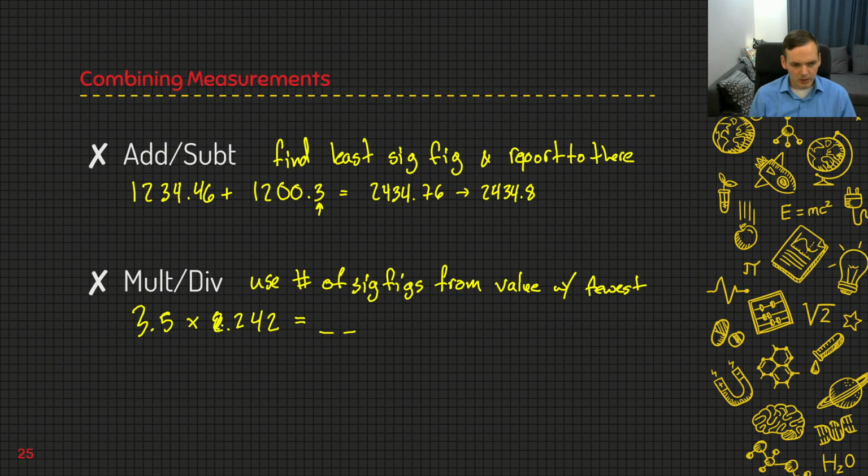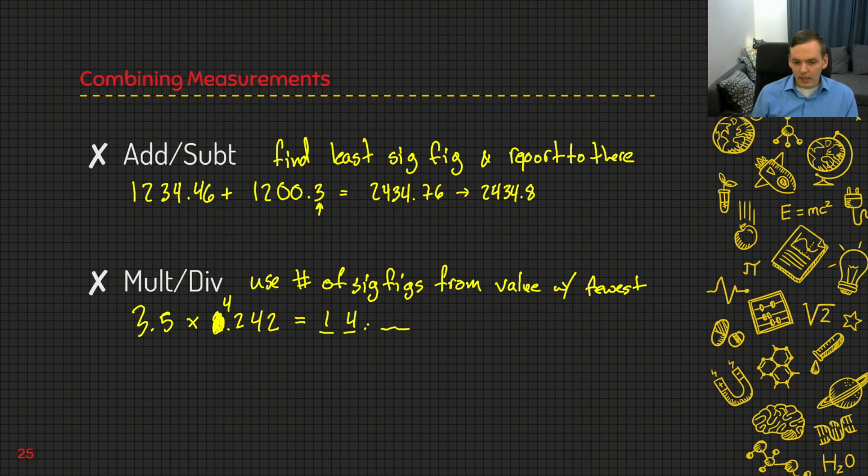Let me actually make this a little more interesting. Let's call it 4.242. So 3.5 times 4.2, that's going to be 14 plus about 0.7. So this is going to be 14 or 15, I'm not quite sure what. But it's going to be like 14 point something or 15 point something.